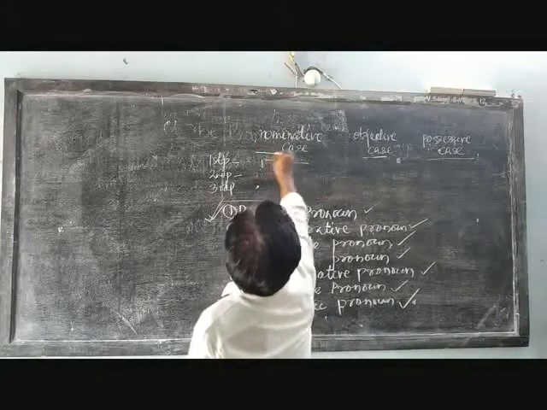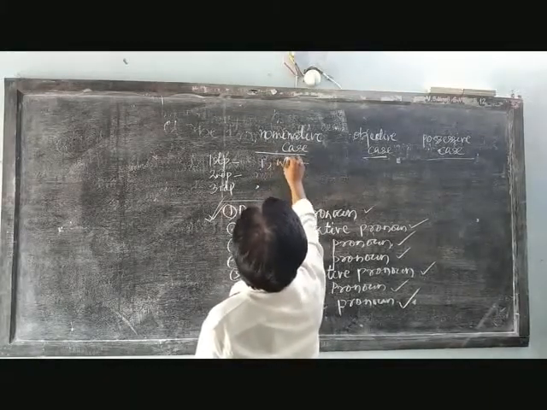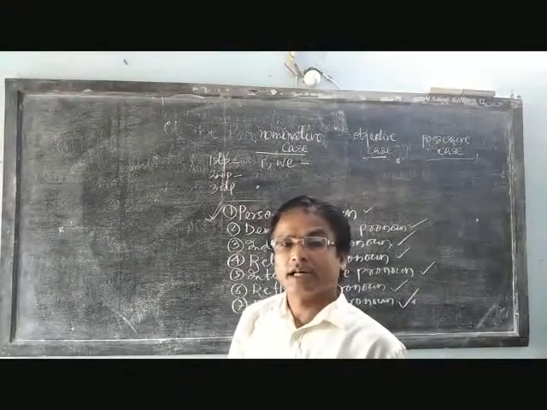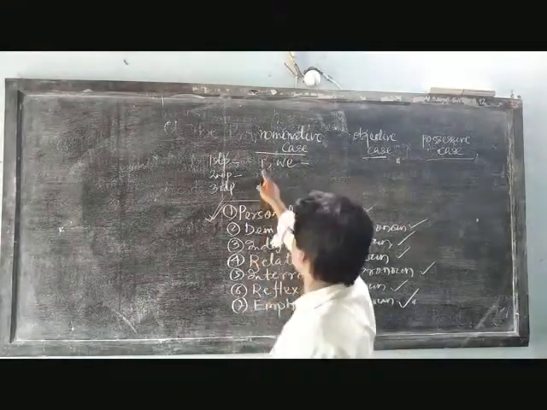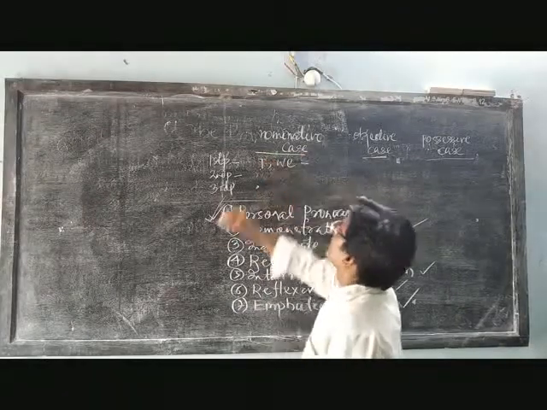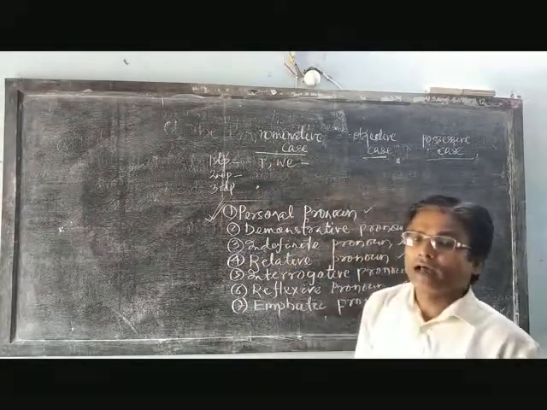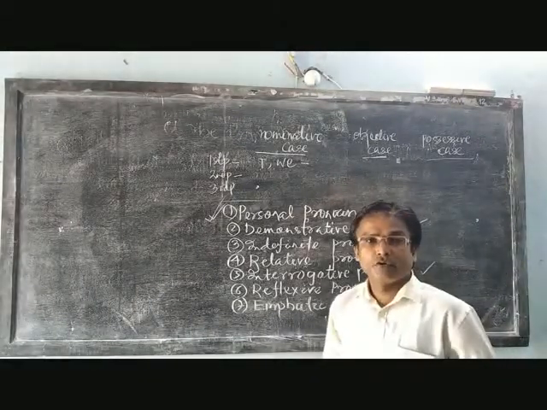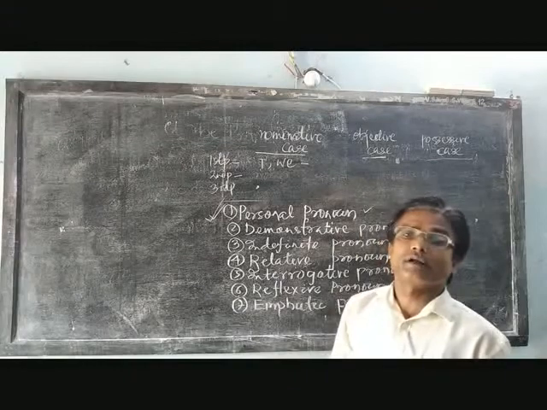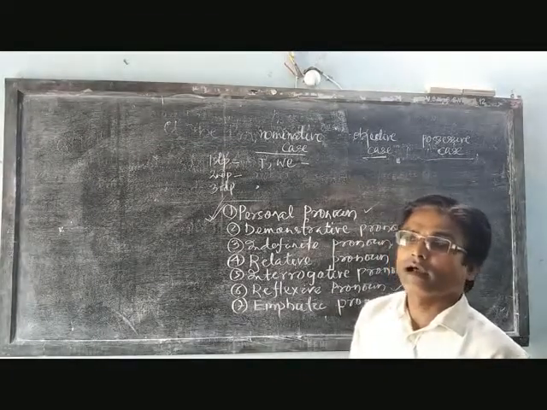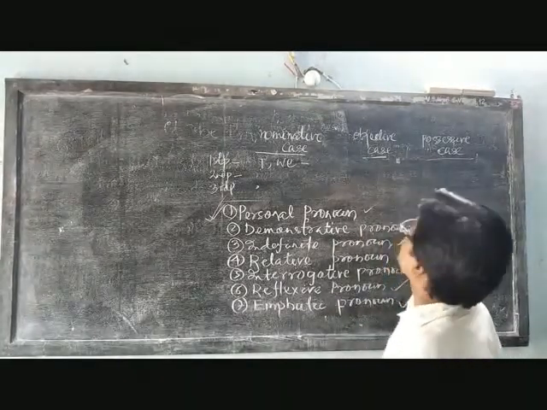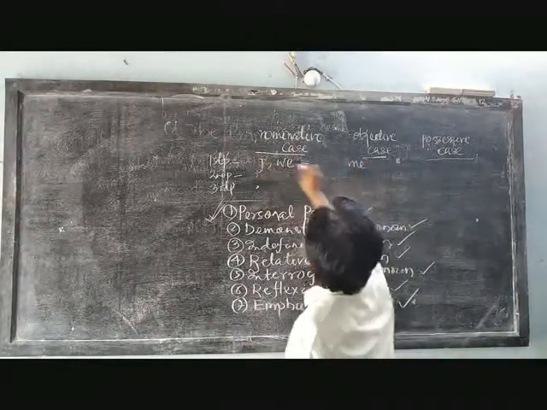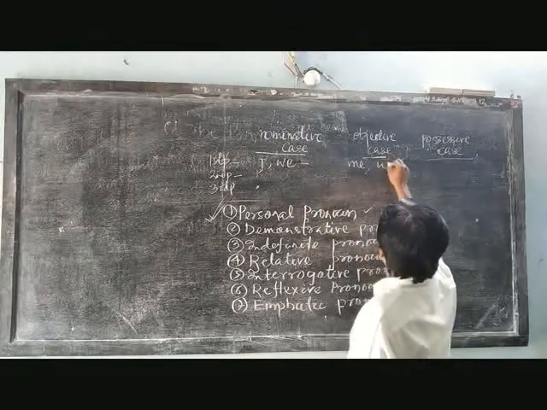I and we are pronouns and are used in the nominative case, to identify a particular person. Its objective case: for I it is me, for we it is us.